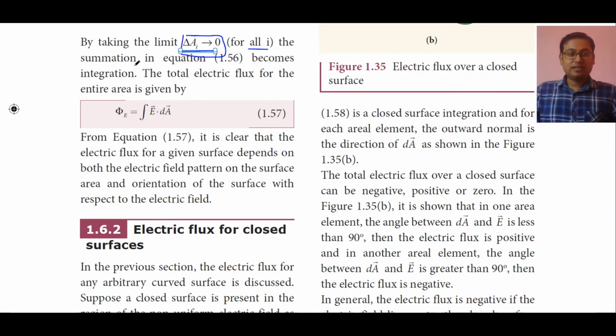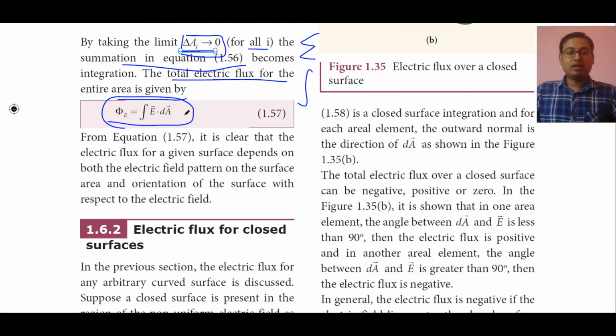The summation in equation 1.56 that we saw earlier becomes an integration. Then the total electric flux for the entire area is given by psi E equals the integral of E dot dA. Because we have made the area region so small, the summation converts into integration.